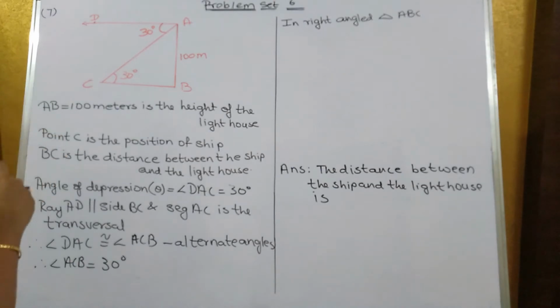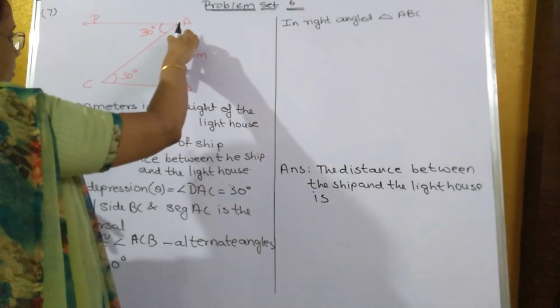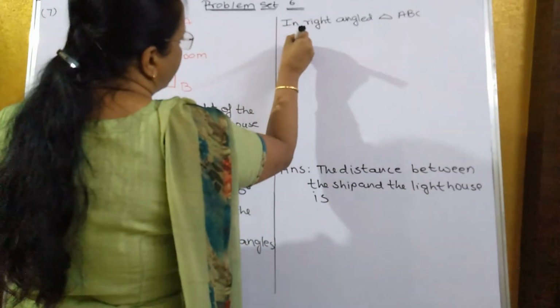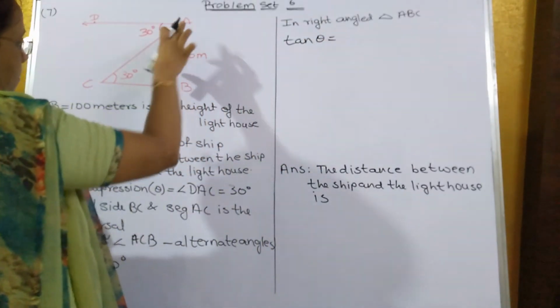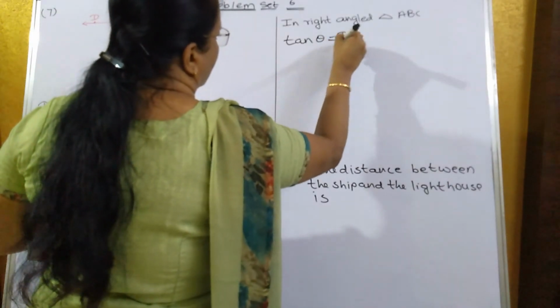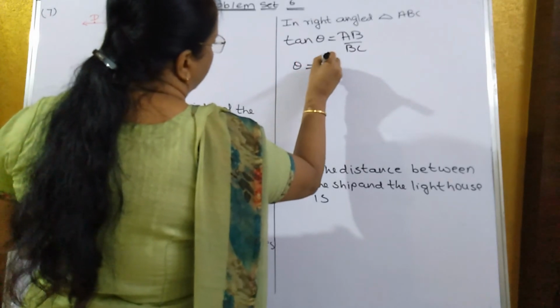Now in right angle triangle ABC, opposite side we know and adjacent side we have to find out. So we will take tan theta is equal to opposite side AB upon BC. Now theta is equal to how much? 30 degree.